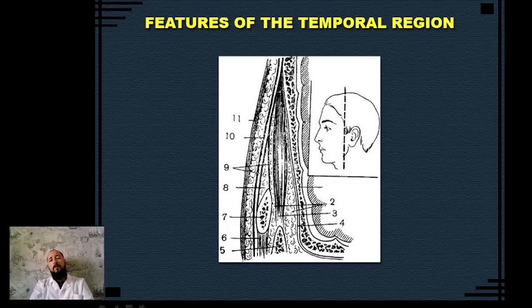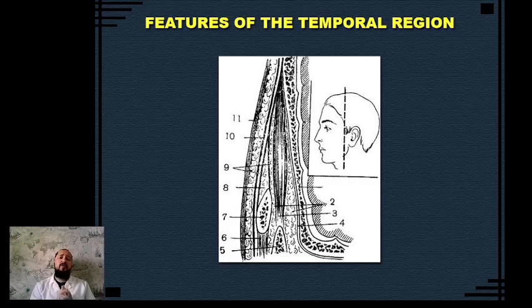Also a very important thing: if you compare the squama of the temporal bone with the frontal, parietal and occipital bones, there is a very thin deep layer in the temporal bone. Almost absence of a deep layer here. That's why the squama of the temporal bone is very fragile.